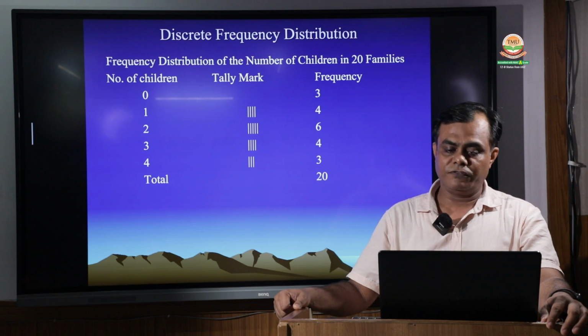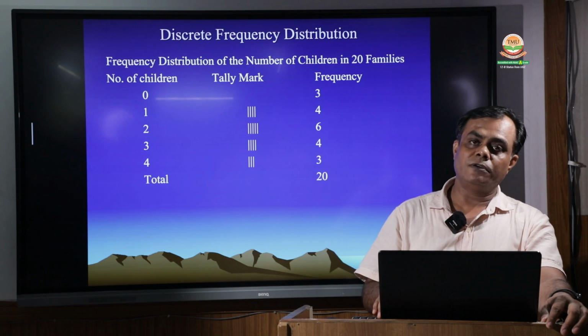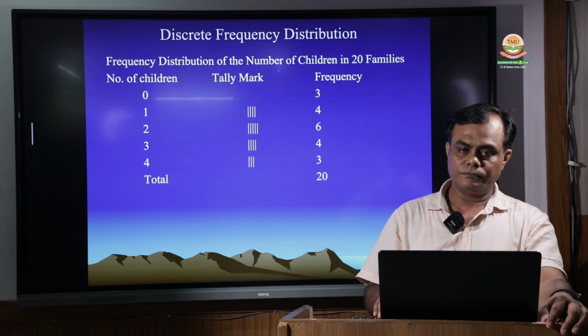That is the discrete frequency distribution of the number of children in 20 families.